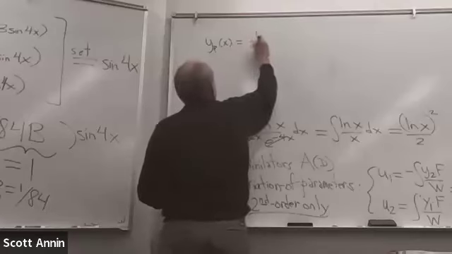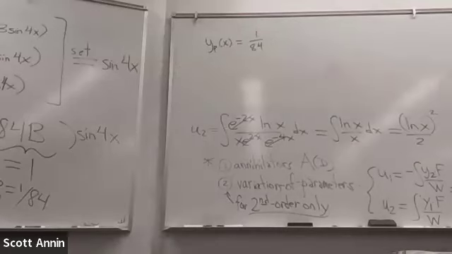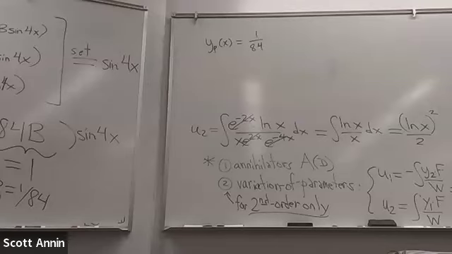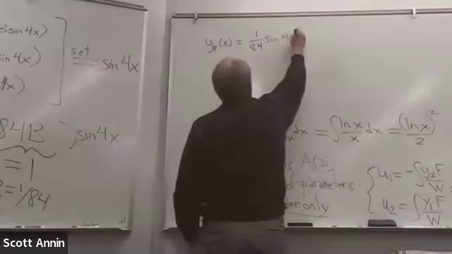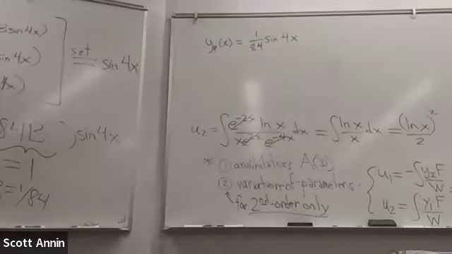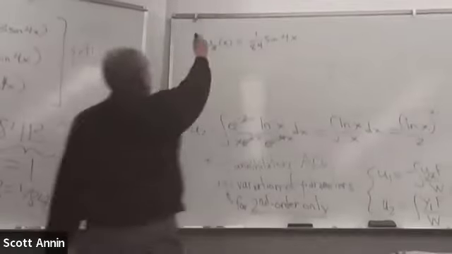I'm just going to put in 0 for A and 1 over 84 for B. So my answer is going to be 1 over 84 times the sine of 4x, just like so. And now I'll put a box on this one.